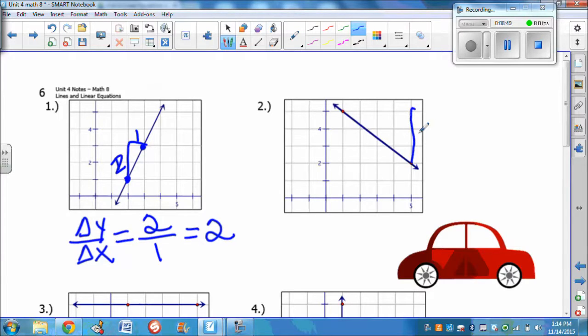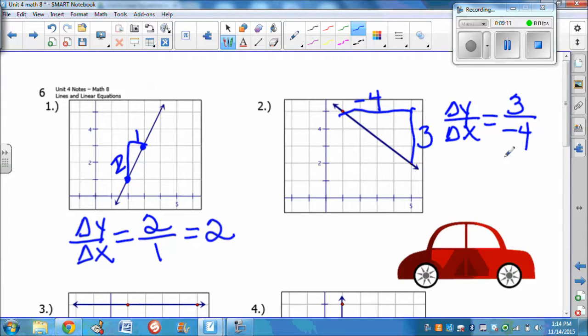So here's my vertical. I'd be going up 1, 2, 3, but I'm going backwards here. So I could say I'm going up 3, but I'm going back 1, 2, 3, 4. So my change in y over my change in x is going to be 3 over negative 4.